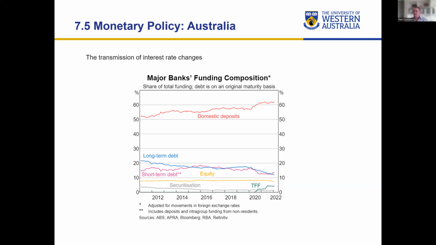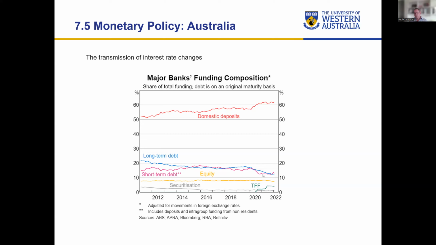Now, most of the time, what happens is when the cash rate is being cut, long-term interest rates are normally moving in the same direction, but nowhere near 1-for-1. So let's just imagine the Reserve Bank has cut the cash rate by a full 1%.